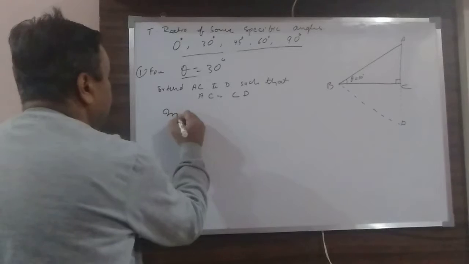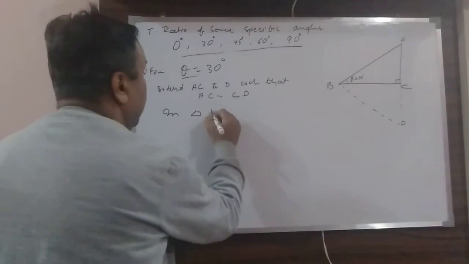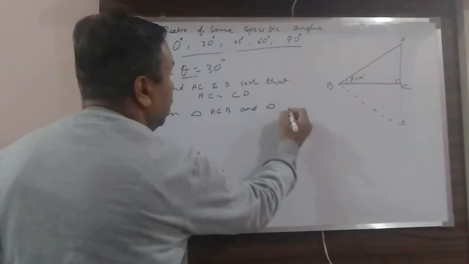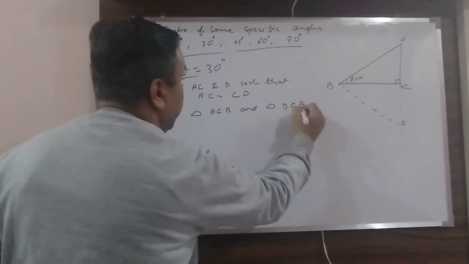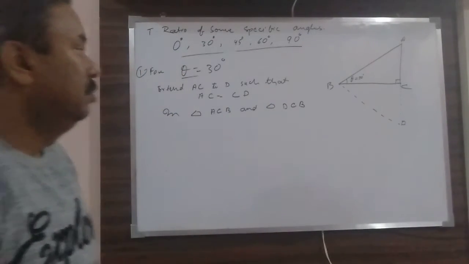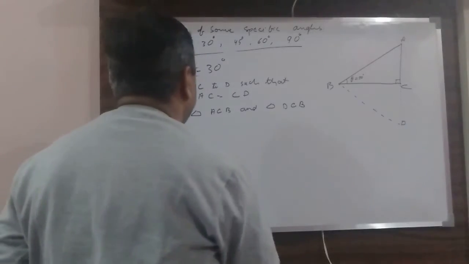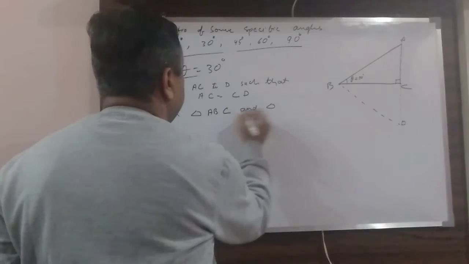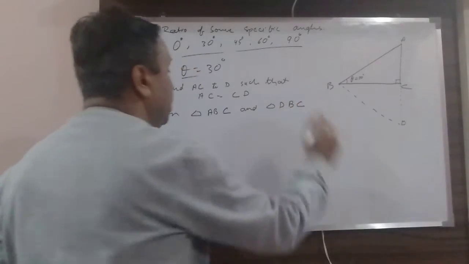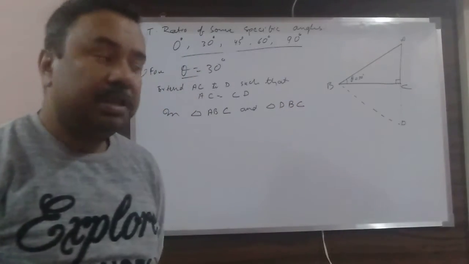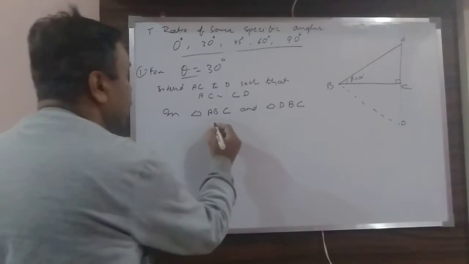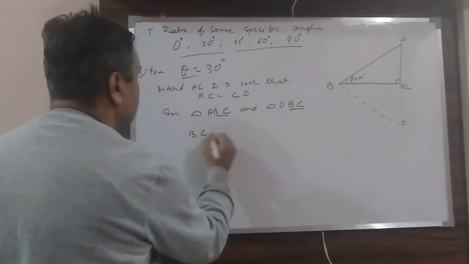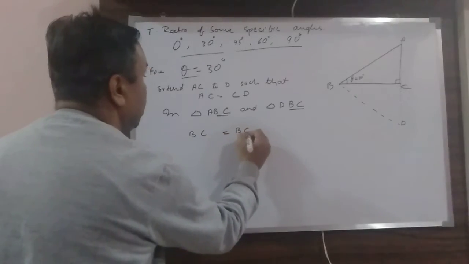Now, in triangle ABC and triangle DBC, what I am saying is that BC is equal to BC.